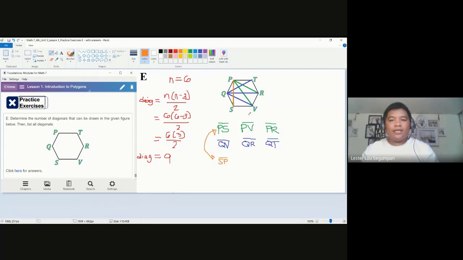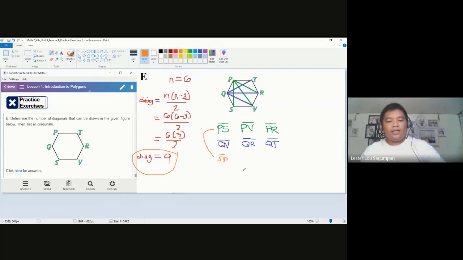Take note that in the previous figure, without this orange line segment, there is already a green line segment connecting points S and P. That would mean let us not duplicate it. We could not duplicate it anymore, because if we write SP again, they mean the same thing. The number of diagonals here are called the unique diagonals.